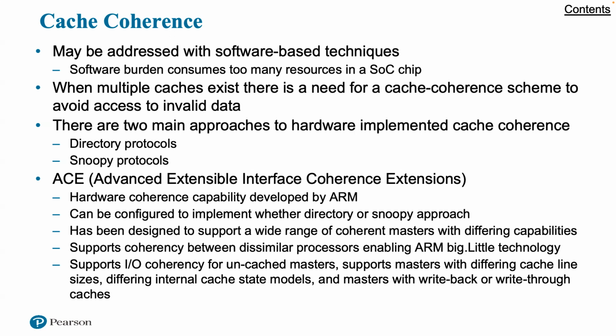ACE has been designed to support a wide range of coherent masters with different capabilities. ACE supports coherency between dissimilar processors such as the Cortex-A15 and the Cortex-A7 processors, enabling ARM Big Little technology.